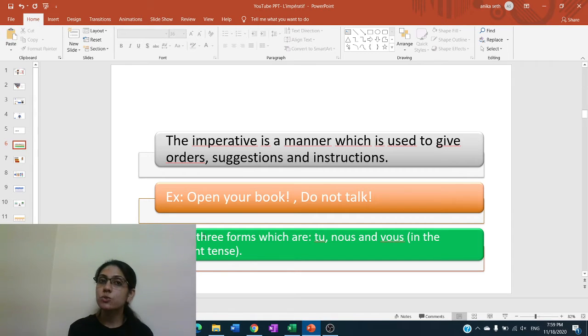And why does it exist only in three forms? Because with je, I cannot place the imperative because je means I. I cannot give an instruction to myself. With tu, I can give an instruction because tu is second person. So if I'm talking to you, I can give you a suggestion, I can give you an instruction.